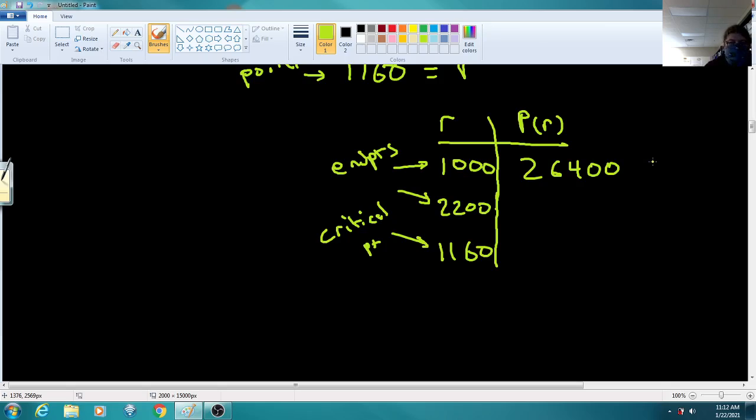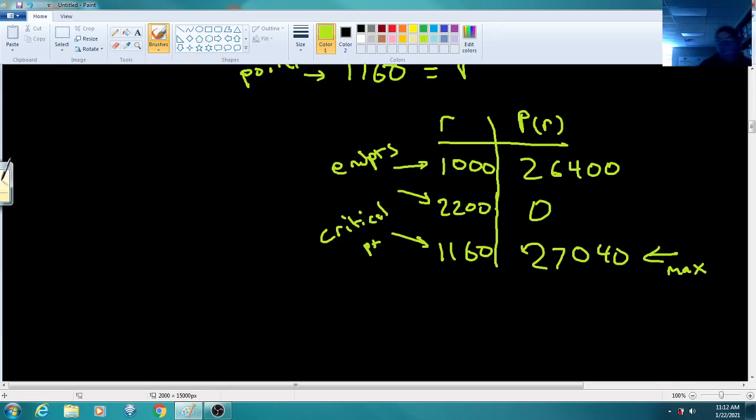At $2,200, that's when we did 30 increases, we get $0, which makes sense because at that point we said if we did $30, $40 increases, everybody moved out. Then 1160 gives us 27,040. So this right here is going to maximize the profit.